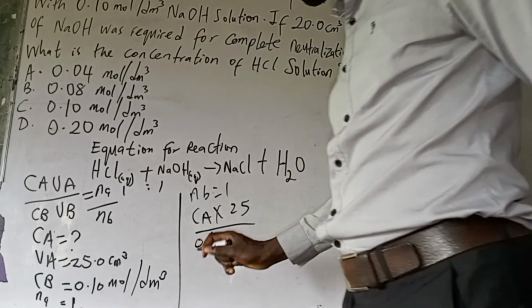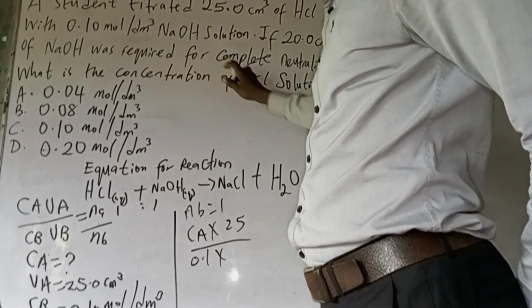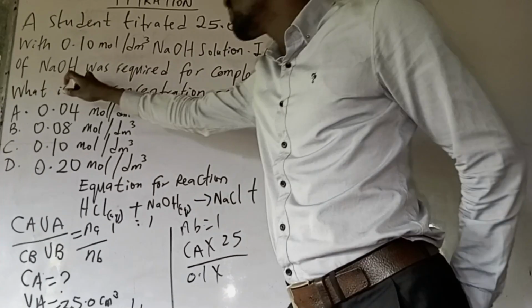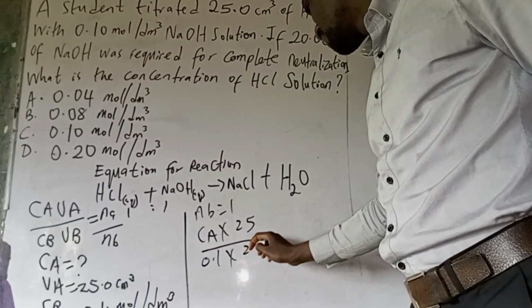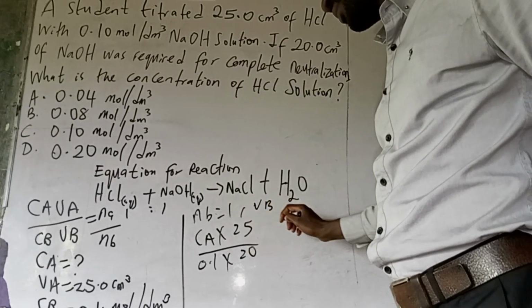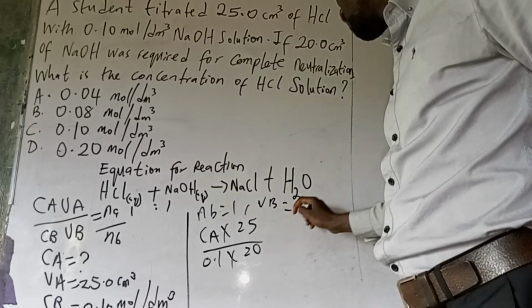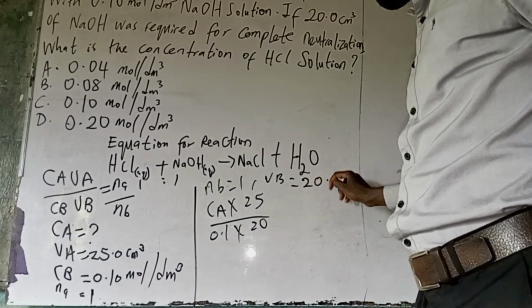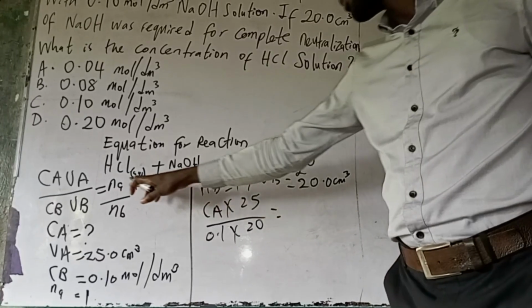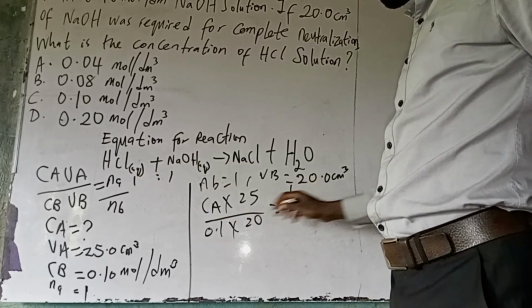Do we have this volume of base? The volume of base in the question is 20 cm³. So the volume of base, that's Vb, equals 20.0 cm³, equals Na, which is 1, all over Nb.